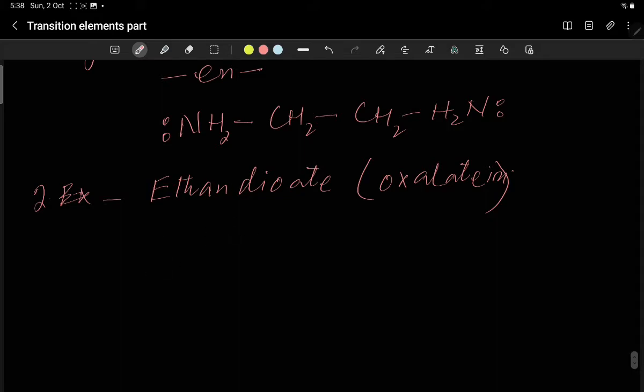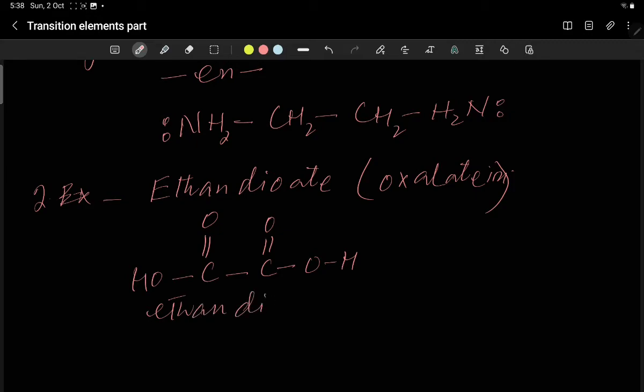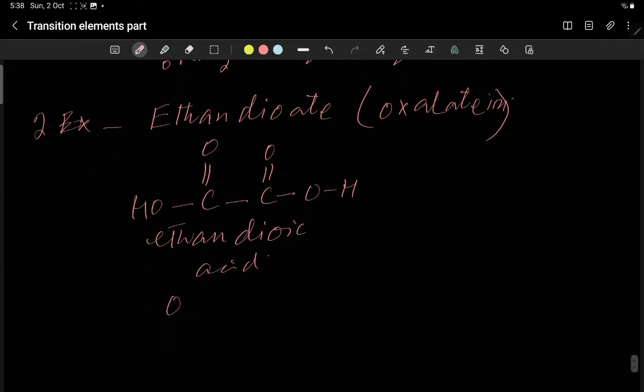Its acid is also known as ethane-1,2-dioic acid, and the common name is oxalic acid.